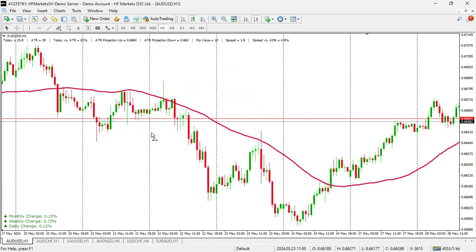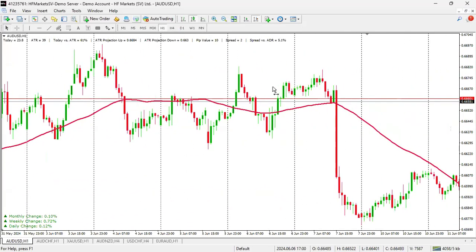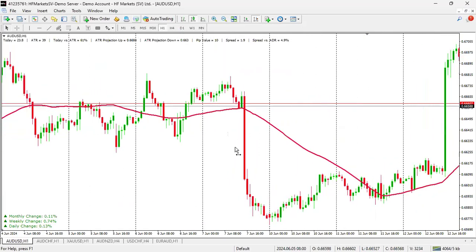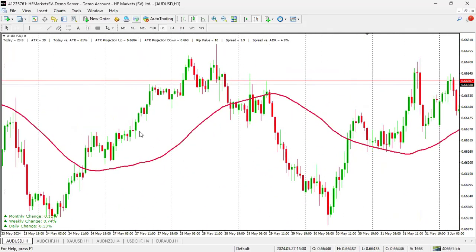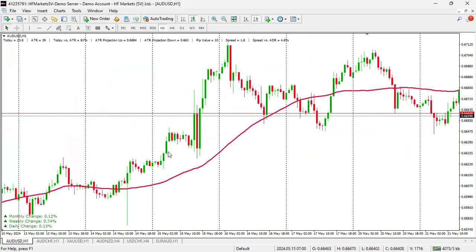All right, so if you look at it, it is interesting. Oh my God, look at the beauty of how this has served as a support level, resistance level for price. Look at it in the market. Even look at it here. Look at it here.